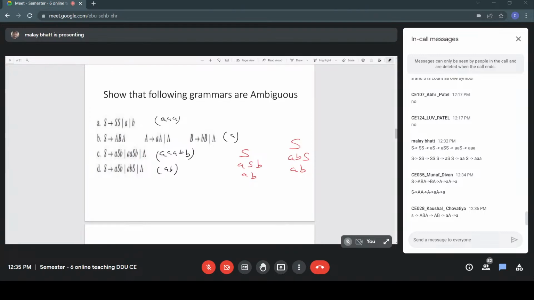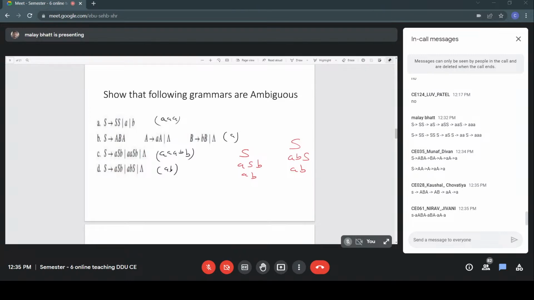We have to go for the leftmost non-terminal always. You have to always process a leftmost non-terminal. Either you can remove it or you can convert it into a terminal. So I think Nirav has written a correct answer.